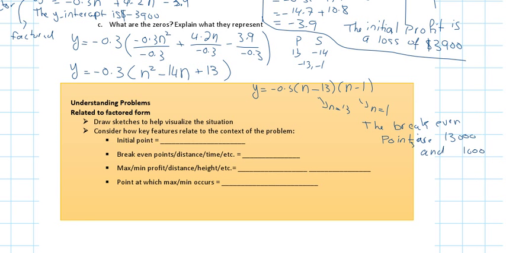Chocolate bar. So that means if I sell 13,000 chocolate bars, I'll make no money. If I sell 1,000 chocolate bars, I make $0 as well.